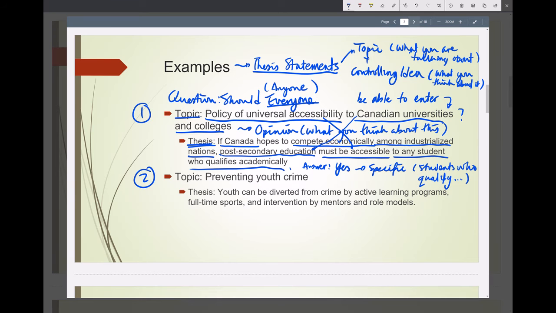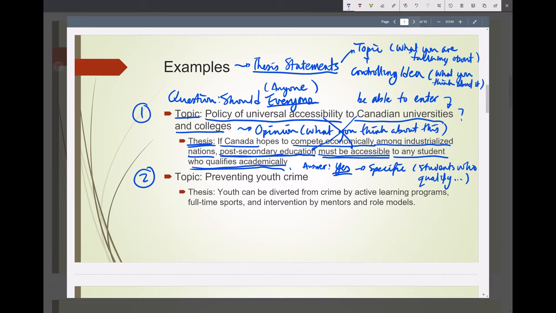With their school marks, their test scores, academically. Okay, so the controlling idea here is your answer. Yes, Canada should allow students who are eligible, who qualify, to register for university and probably get in.